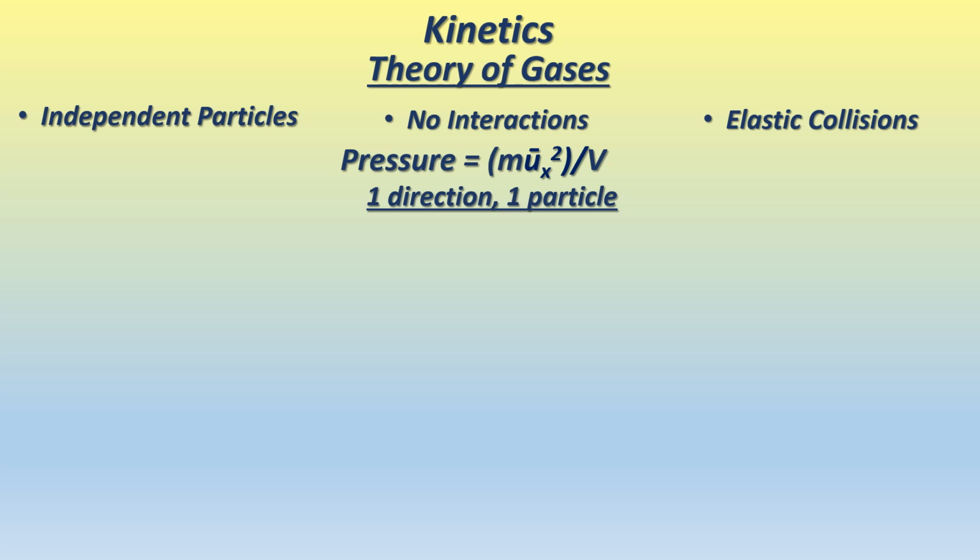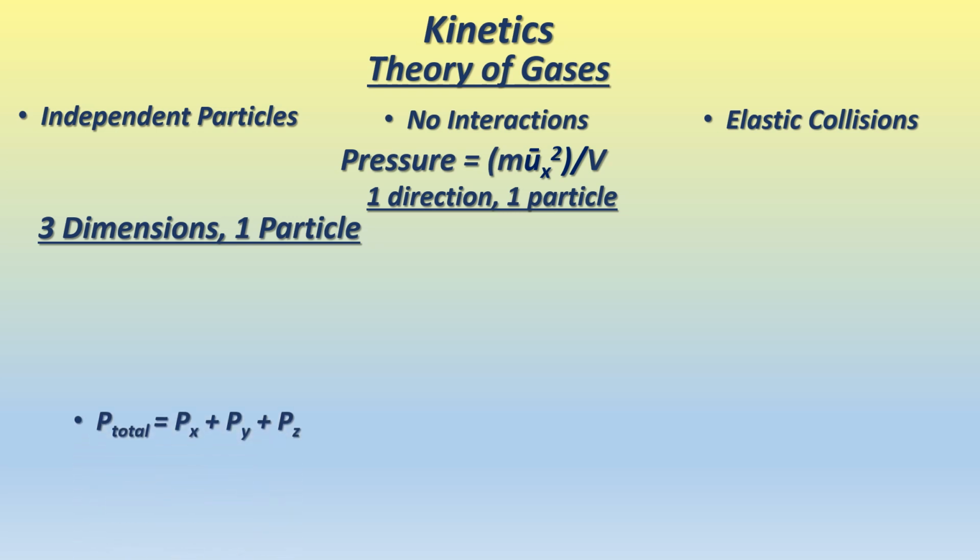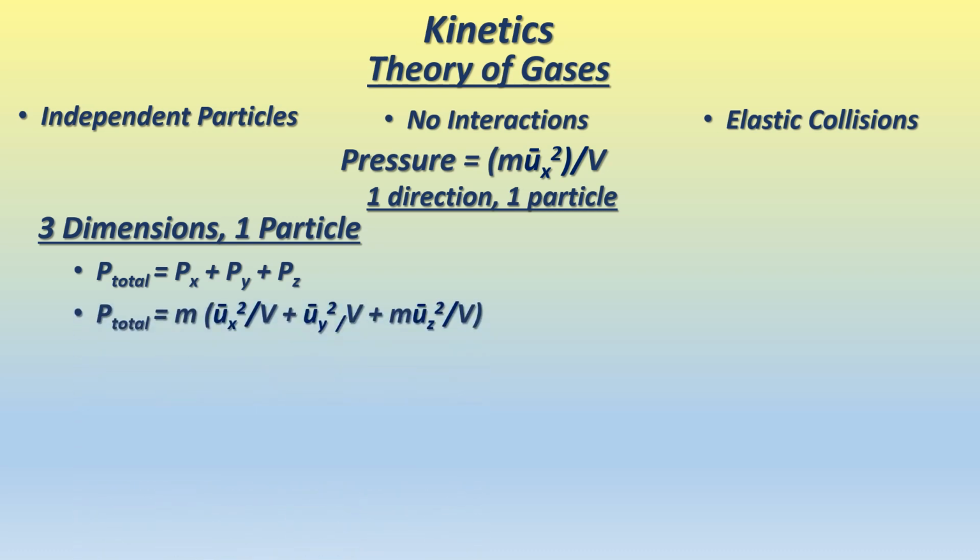If I want to expand this, suppose I want that particle to move in 3 directions, free to move in either x, y, or z. All of these are independent, so the total pressure is simply going to be the pressure felt in the x direction plus the y direction plus the z direction, or the mass times the velocity in the x squared over volume, y squared over volume, z squared over volume.